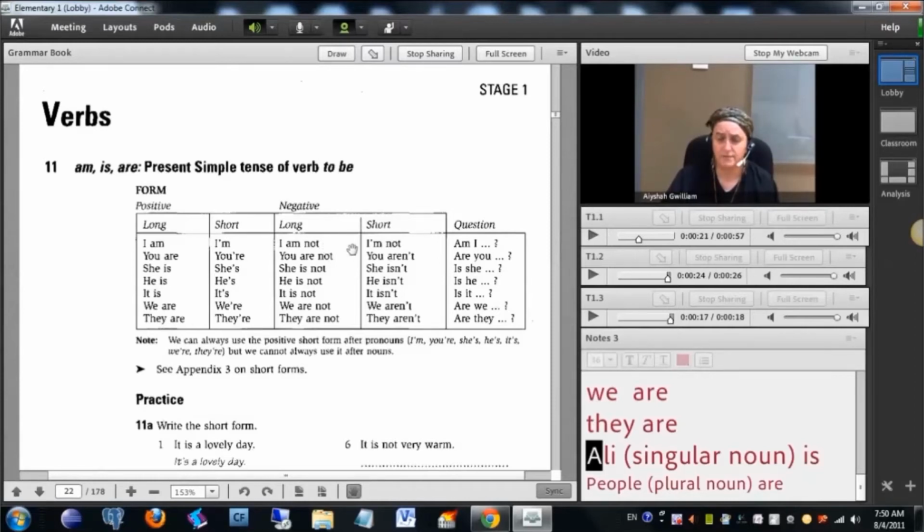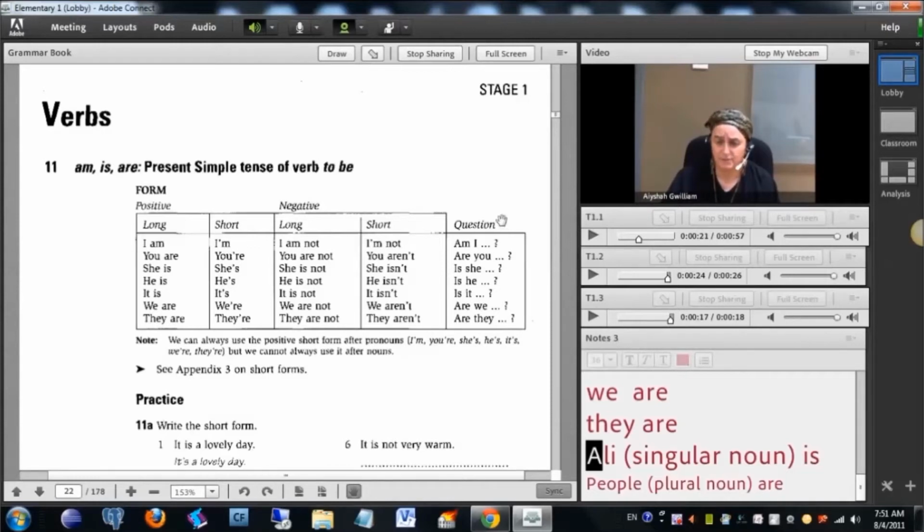I am from Sudan. Okay, I am not means this is not true. You are not, and so on. Look at these on your piece of paper. We can make these short also. Instead of I am not, we have I'm not. You aren't. She isn't. He isn't. And so on. Okay, check these on your page.